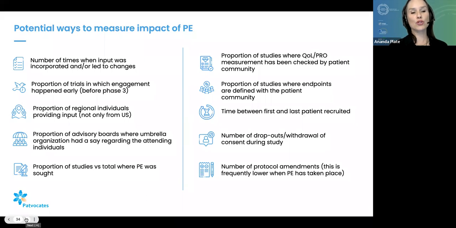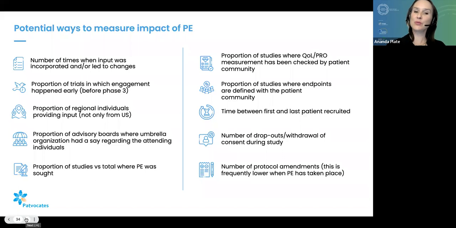the proportion of studies versus the total where patient engagement actually happened. The studies where quality of life and PROs were measured in the right way, where patients had a say, had a look at them to verify that they were measured in the appropriate way. Endpoints: in which of those has the patient community had a say.